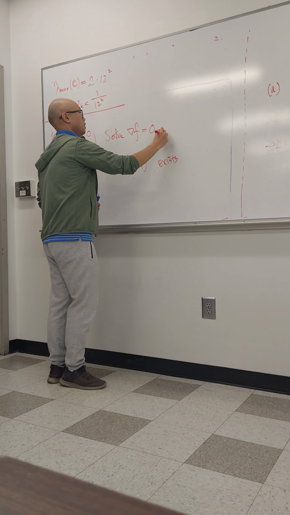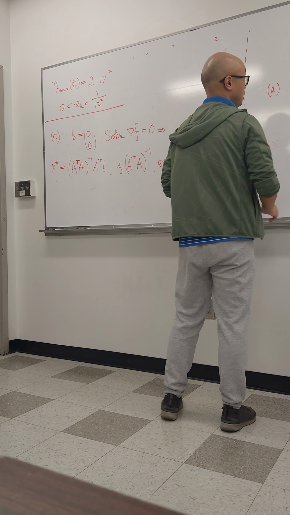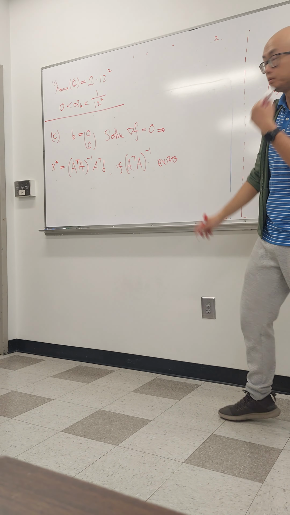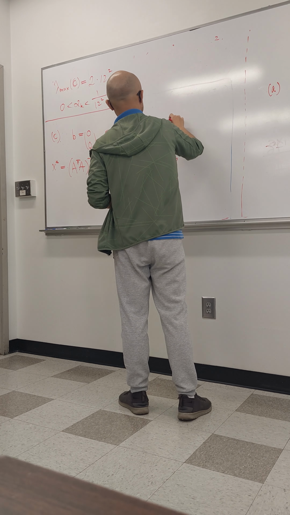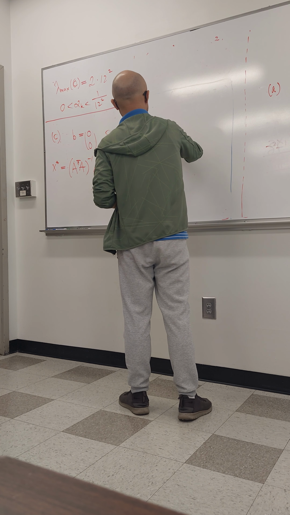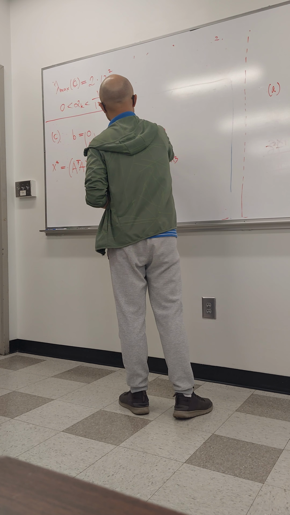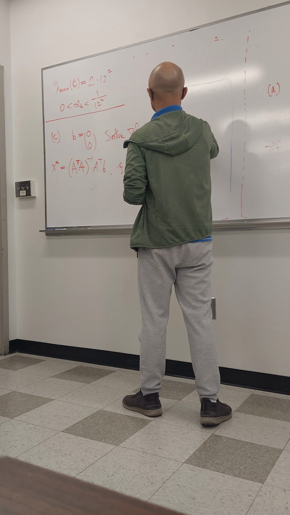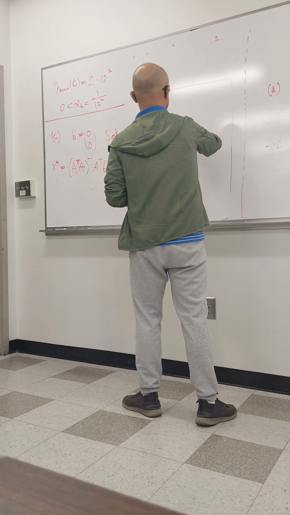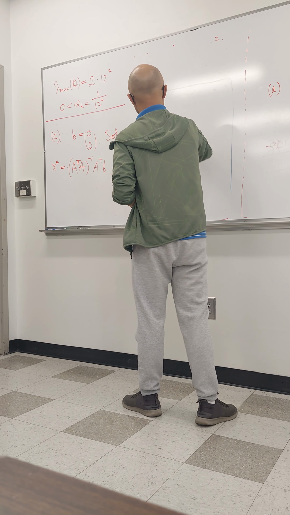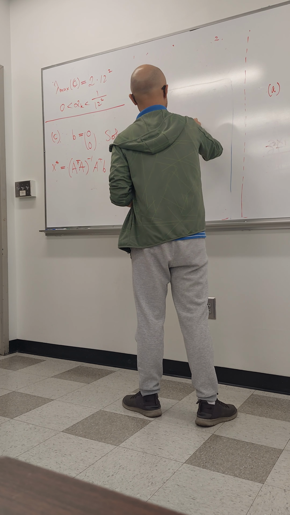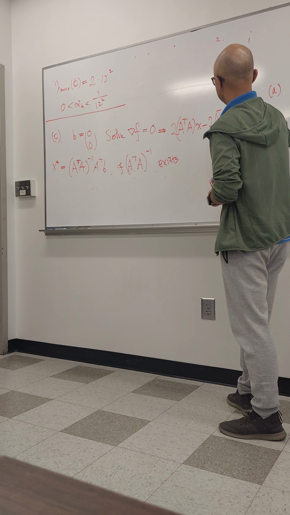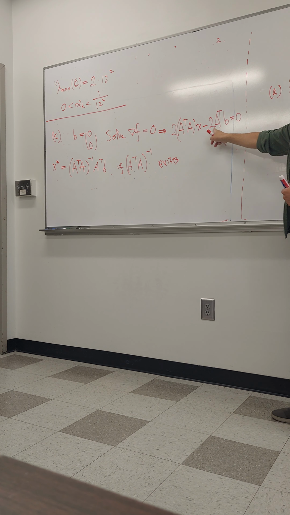Then we solve the gradient of f equals 0. For example, here it is 2 A transpose A times x subtract 2 A transpose B is 0. So we solve this linear system.